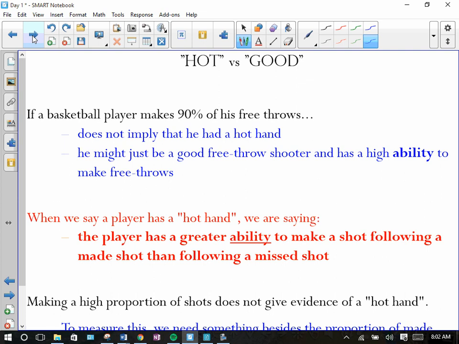I might just be a good free throw shooter with a high ability to make free throws. The fact that I made a bunch of free throws does not prove that I have a hot hand.